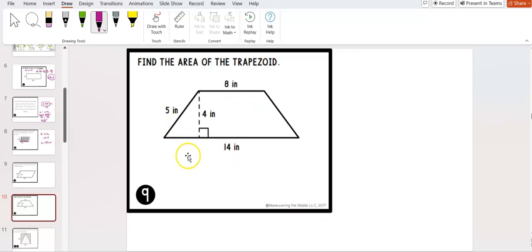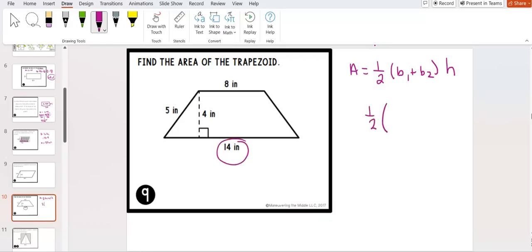Here is the trapezoid. Remember, the formula for a trapezoid is very similar to the formula for a triangle. 1/2 base times height, except we have 2 bases, base 1 plus base 2. So that's what we're going to do. We're going to do 1/2 times base 1, which is 14, plus base 2, which is 8, times the height. Now, which of these numbers is our height?